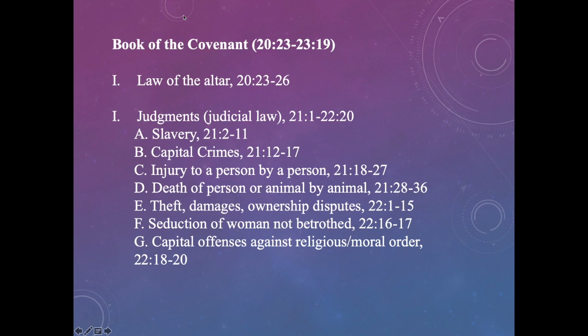The laws that follow begin with the law of the altar. That is, how do you build an altar? Out of what do you build it? How do you construct it? And then there are judgments, or what is called judicial law, having to do with slavery, capital crimes, injury to a person by a person, death of a person or animal by an animal, theft, damages, ownership disputes, seduction of a woman not betrothed, and then capital offenses against the religious and moral order.